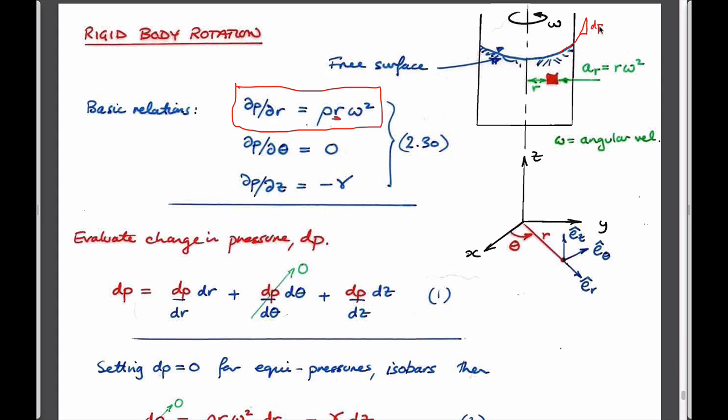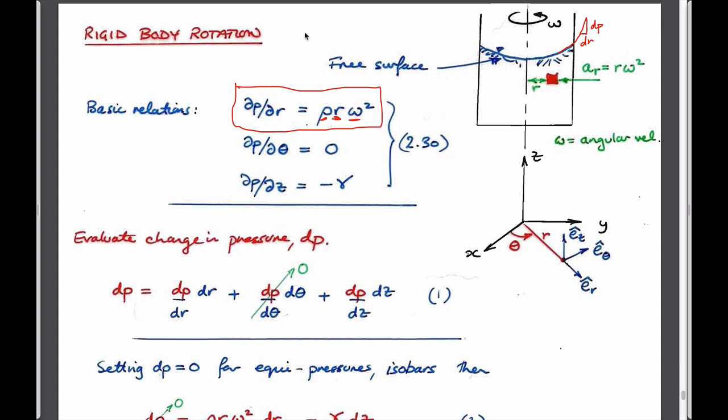This is kind of dP/dr, right? Not quite, but if the fluid's more dense, it changes as you go out. And if you're swinging it around faster, if you double the speed at which you swing it around, then you quadruple the slope of this. So what else should you remember?